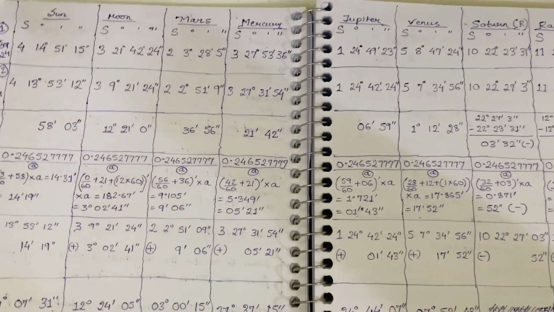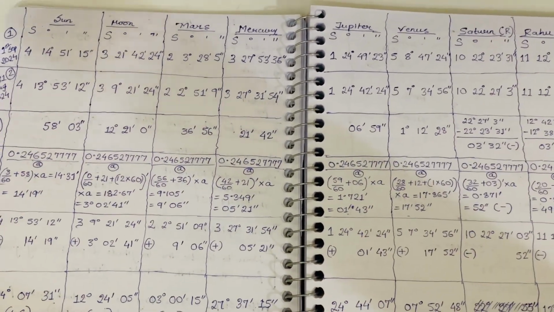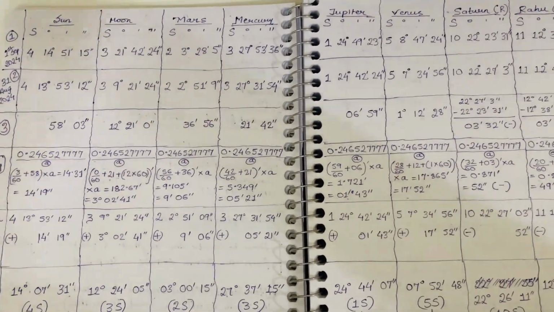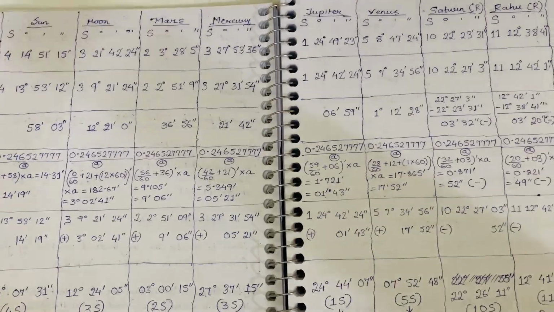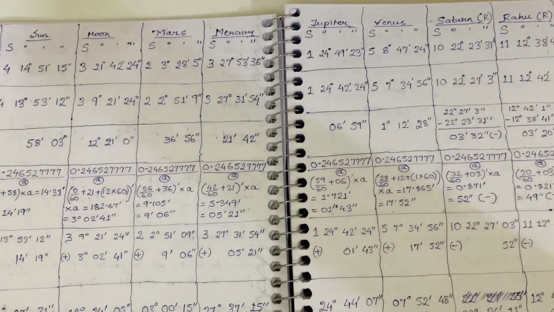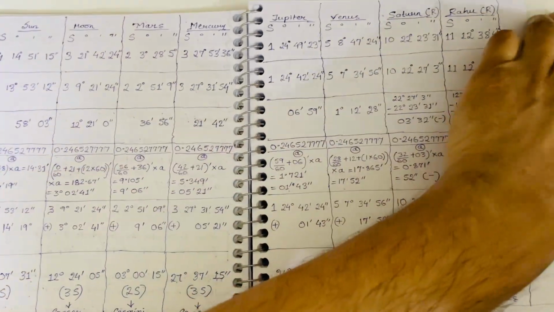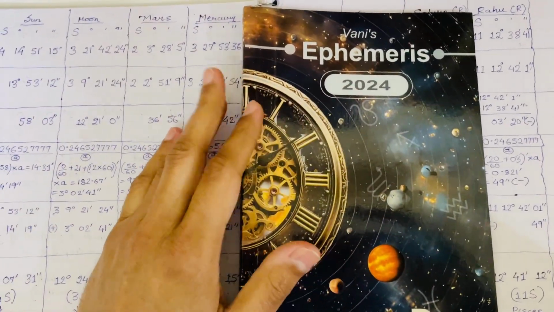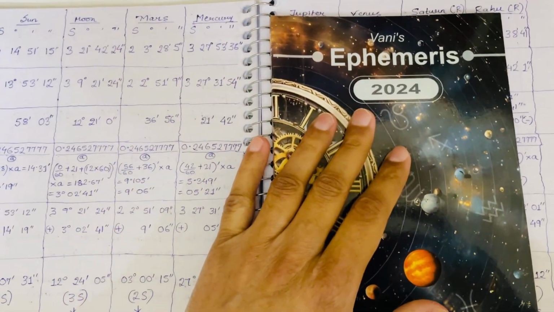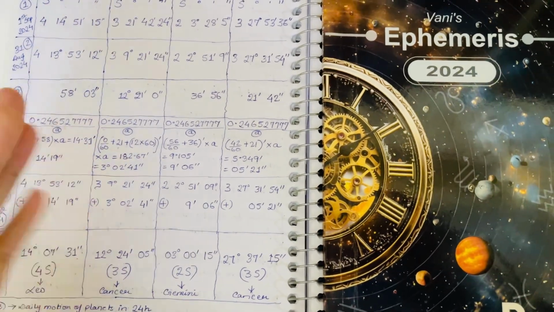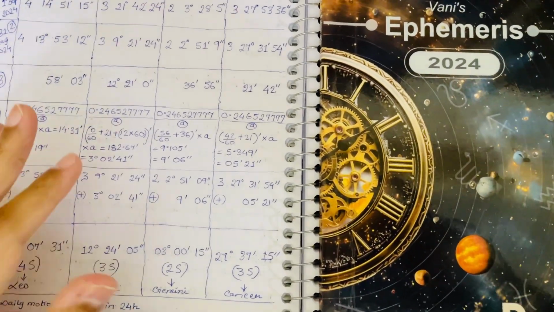The two methods utilized by practitioners of Vedic astrology who calculate all of these things manually are the ratio method and the logarithm method. The logarithm method will completely utilize this book, the Vanis Ephemeris, and I'll show you from where you will be getting those values. And the ratio method is something we need to calculate at our end.